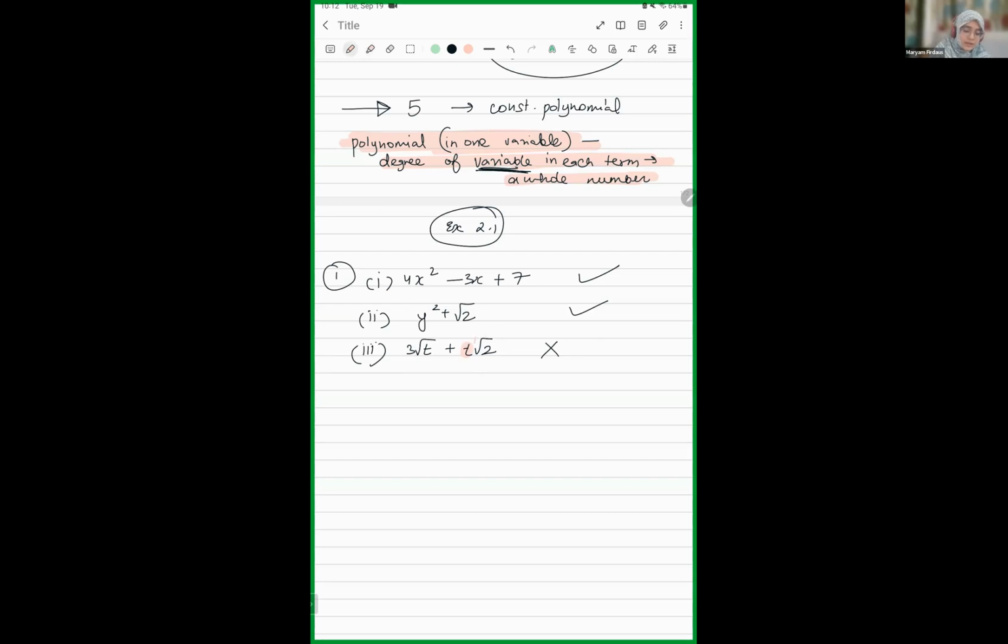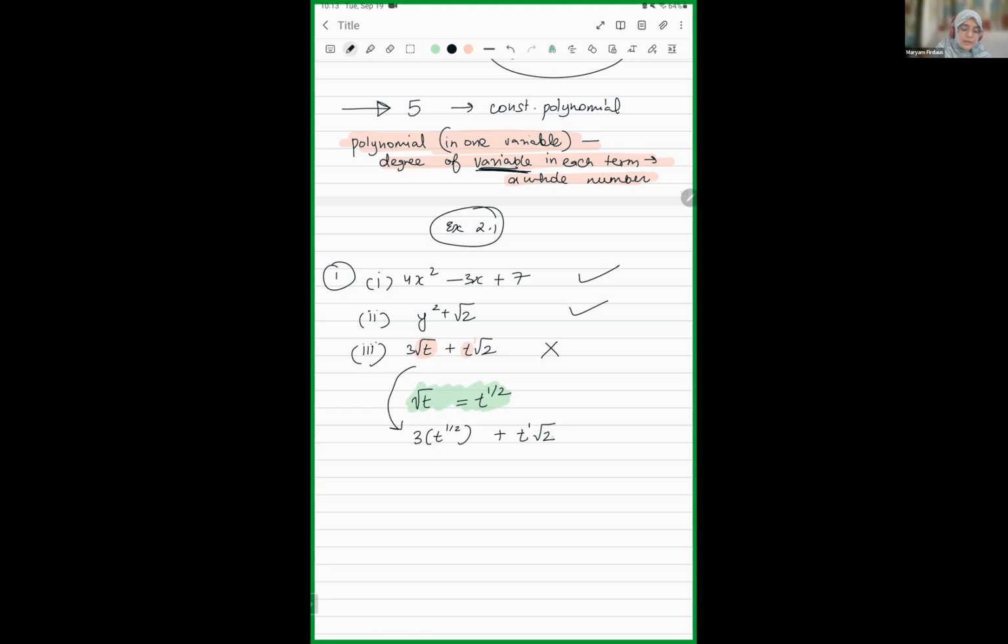But in the first term, what is the degree of this term, 3 root t? Root t means t to the power half. We studied this in the number systems chapter. So this can be written as 3 into t to the power half plus t to the power 1 root 2.